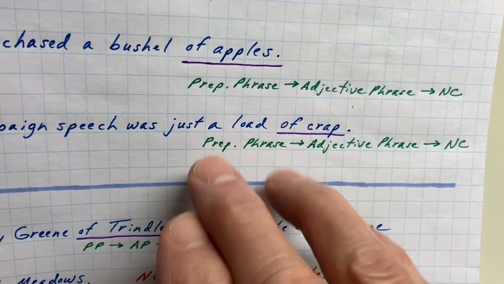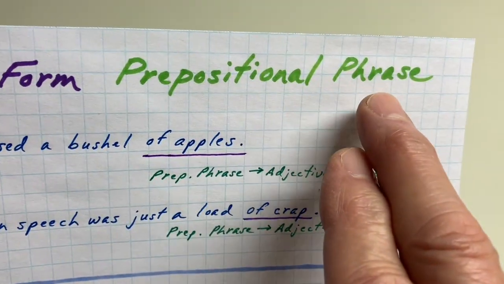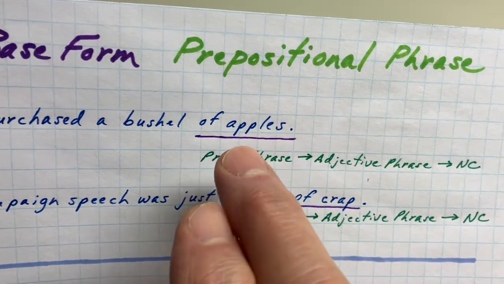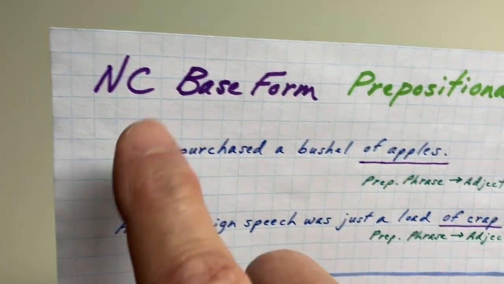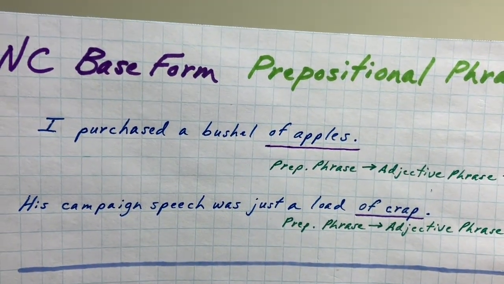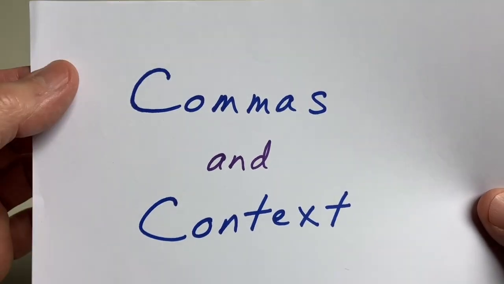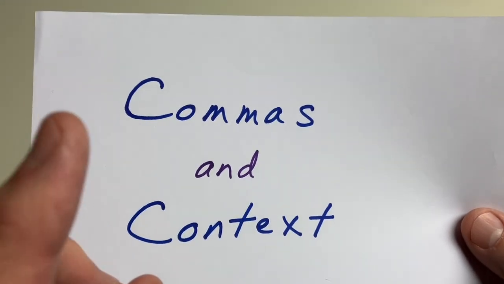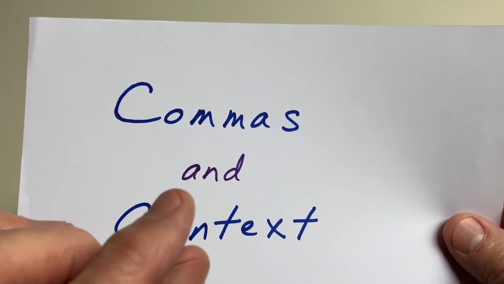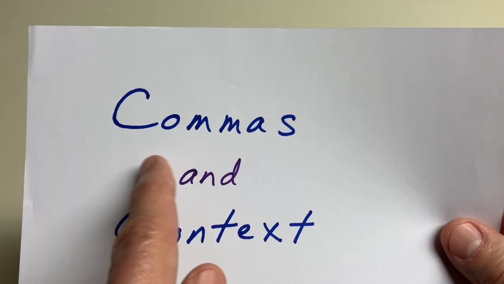So you see clearly that the prepositional phrase can and is used as a noun complement, all right? Now, before we move forward, let's review something that's very important. If we're talking about commas and context today, let's review something from my previous videos. It has to do with the comma, all right?